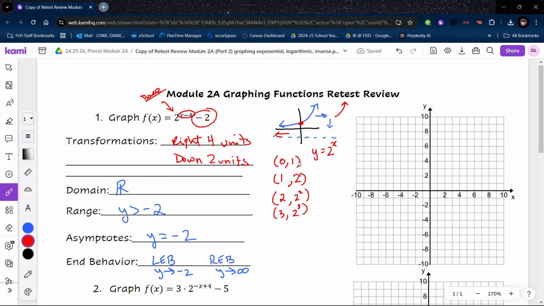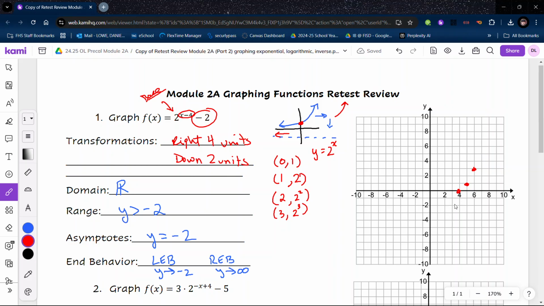But that is the general form if I just had my exponential 2 to the x. So the point (0, 1) is going to move to the right 4 units, so 1, 2, 3, 4, and down 1 unit. The point (1, 2) is going to move to the right 4 units and down 1 unit. The point (2, 4) would move to the right 4 units and down 1 unit.